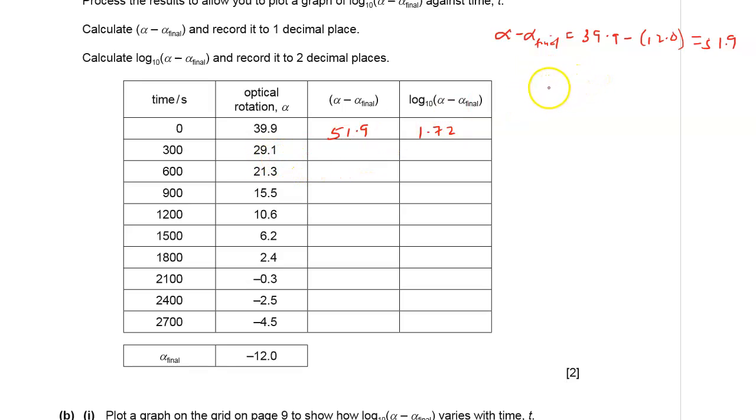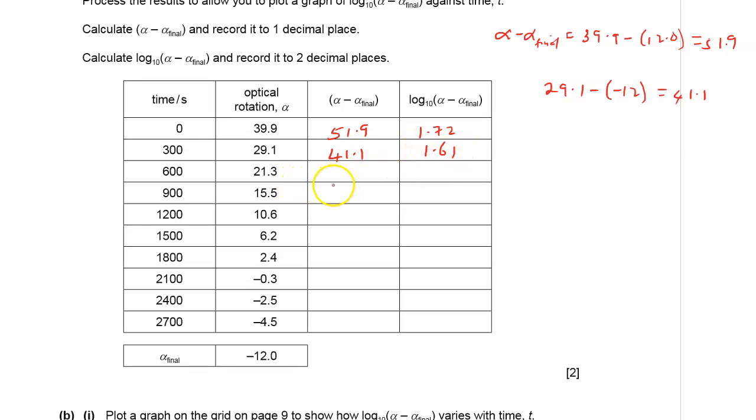This other one here will be 29.1 take away minus 12.0. This will be 41.1, and the logarithm of this to base 10 is 1.61.